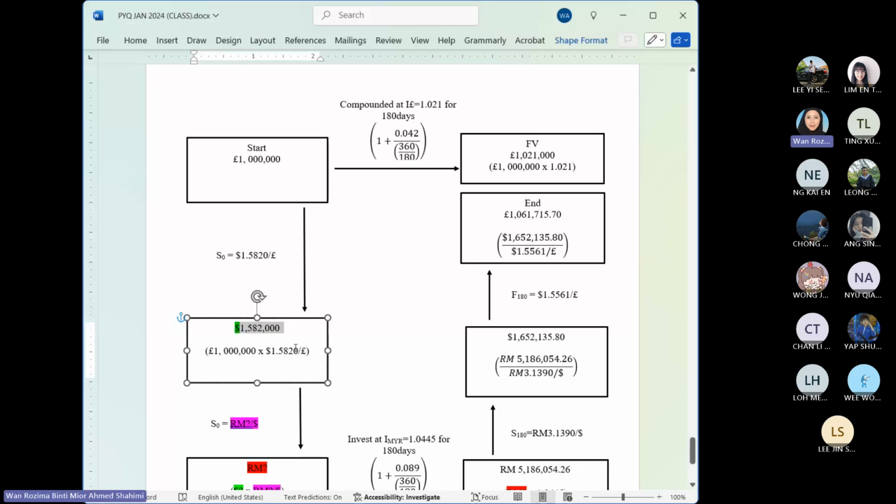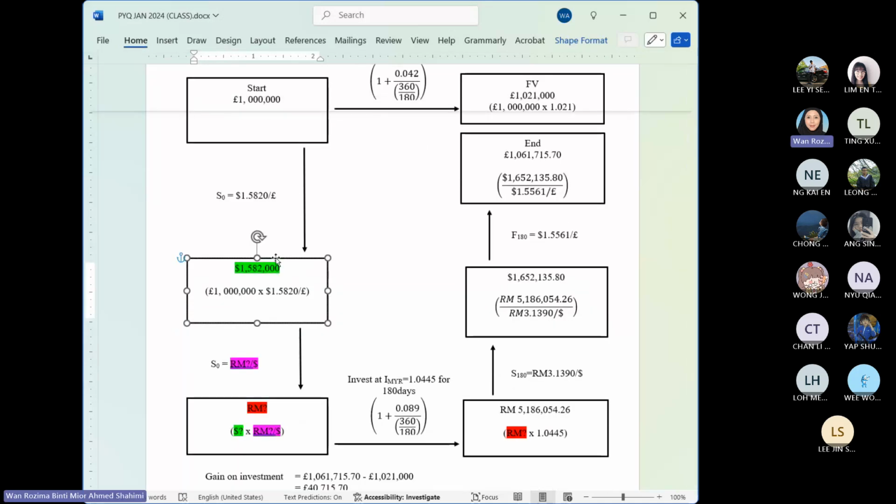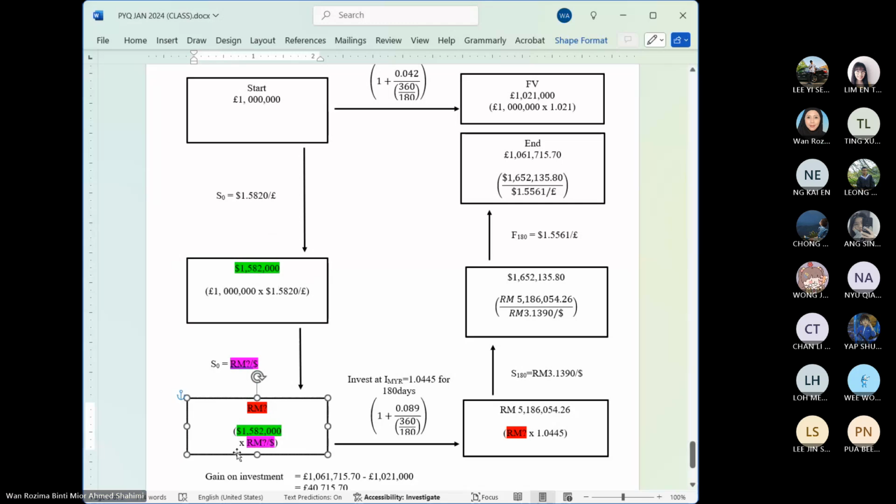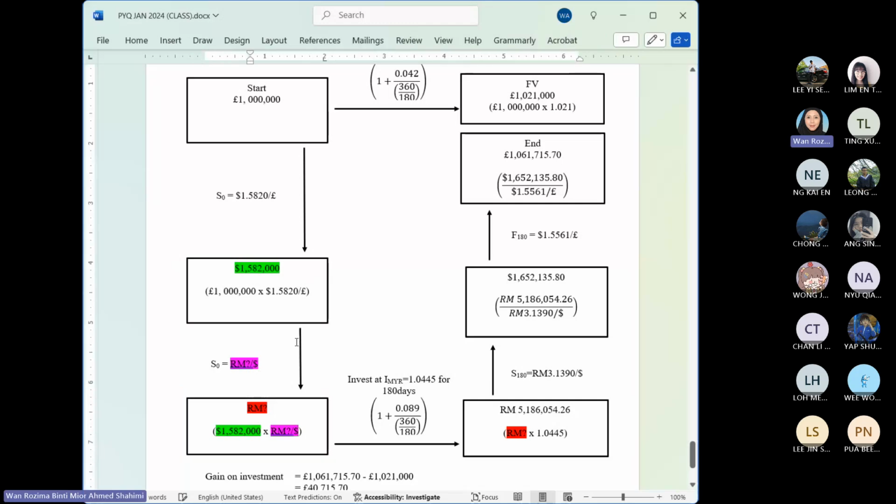Wherever the answer is here, I transfer first. Now what we need to do, after we start the investment in the UK, convert to British pound, and then convert to USD, and then only can you convert to Malaysian ringgit.